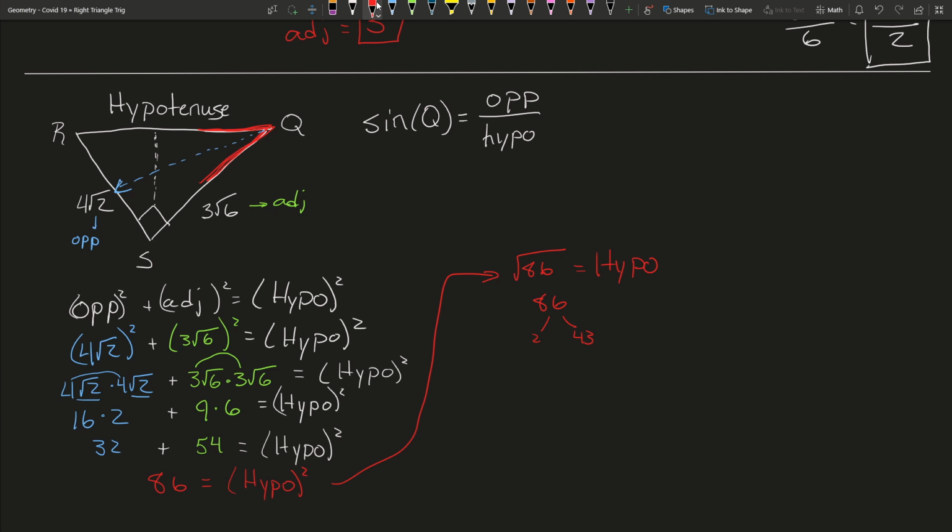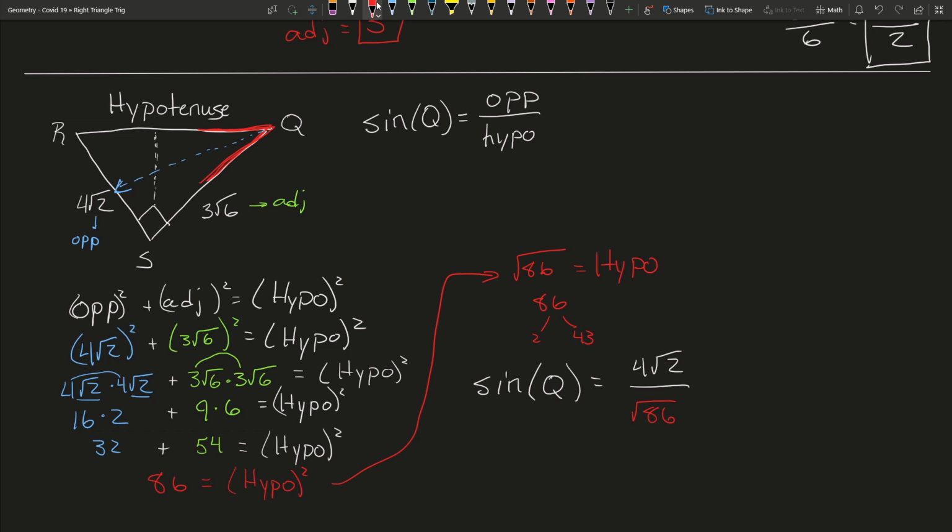Yeah, I believe that's as simple as you can make it. All right, so then we have the sine of q is equal to the opposite, which is 4 root 2, over the hypotenuse, which is square root of 86.